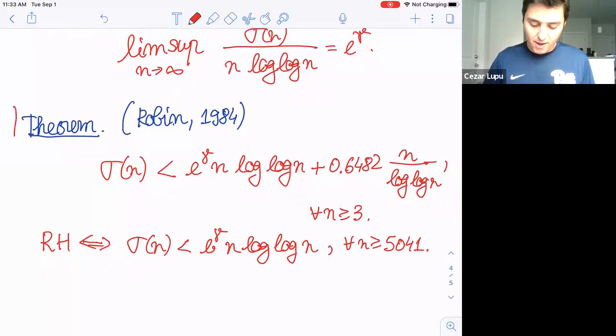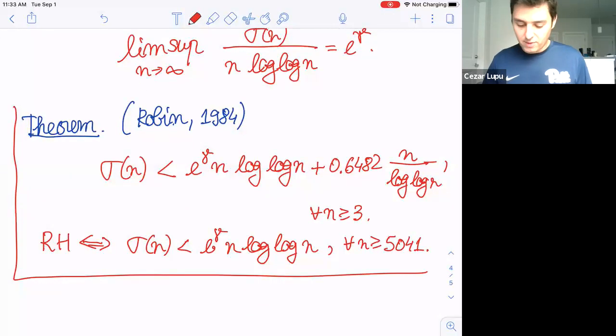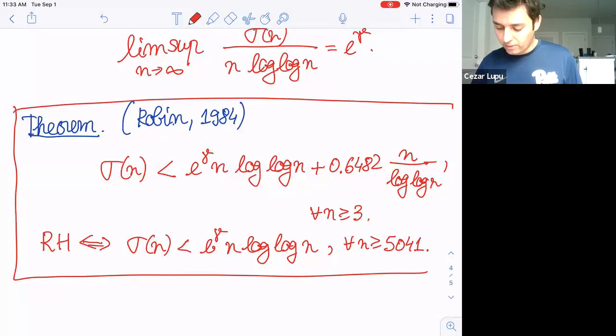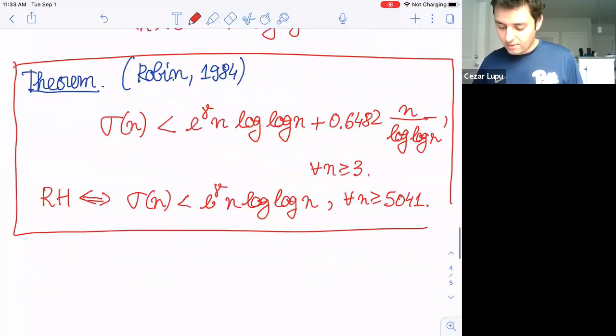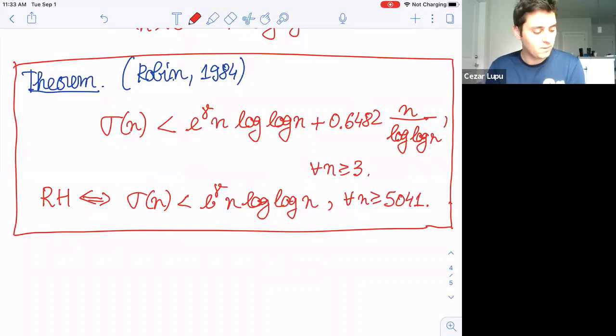In fact, to prove Lagarias' theorem, we'll dwell on this. Honestly, Lagarias' theorem is a modification of Robin's theorem. And now, I want you to look at it.